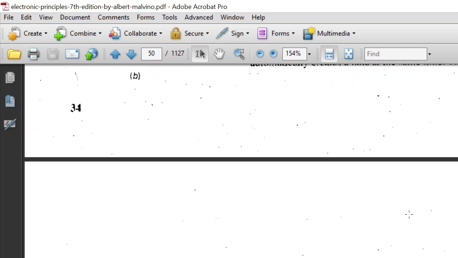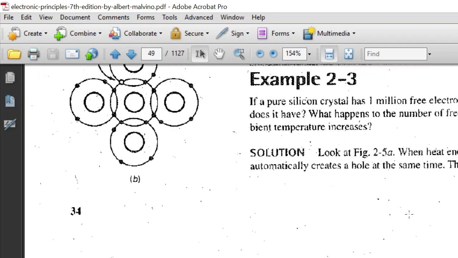Someone was trying to ask some question. Yes, sir. If the thermal energy is the reason for the creation of a hole, then there will be some energy released when they recombine.